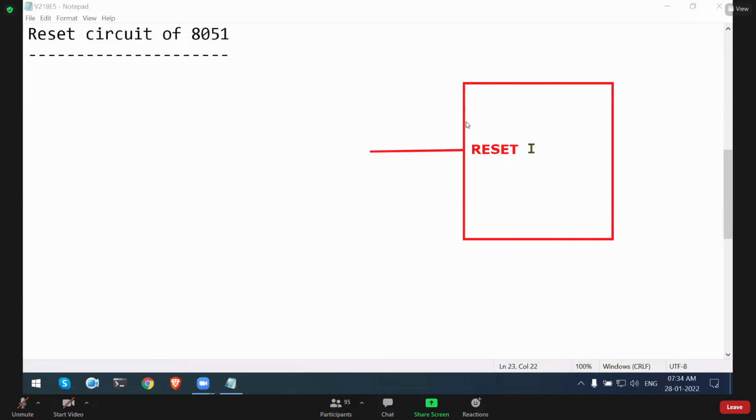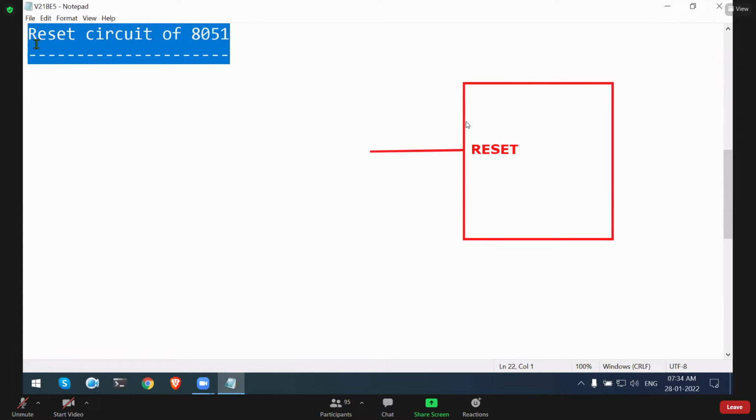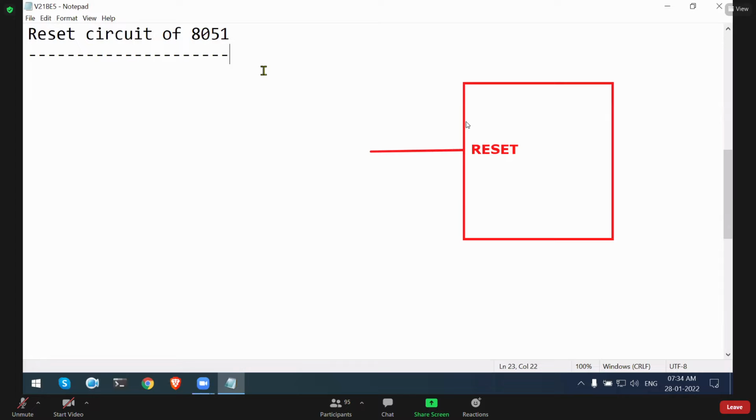This reset pin is very important in the microcontroller. If the reset pin is not available, or if the reset circuit is not given on the hardware, in some cases your hardware will not work.